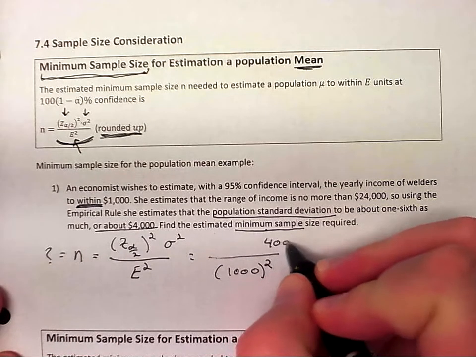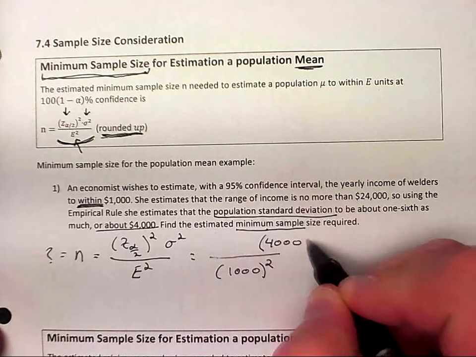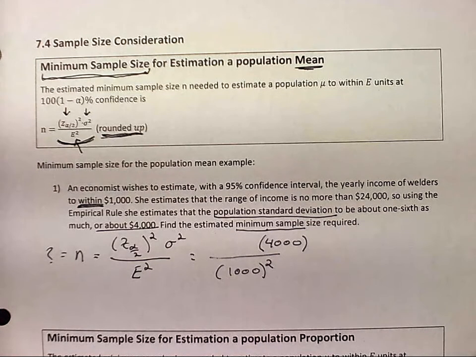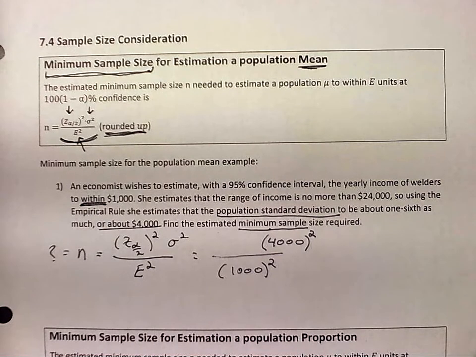So we know that our population standard deviation is 4,000. Do we have to square this? Yes, we do, because here sigma is our population standard deviation. We want to have our population variance, or sigma squared, so we still have to square that. Everybody good with why we're squaring 4,000?